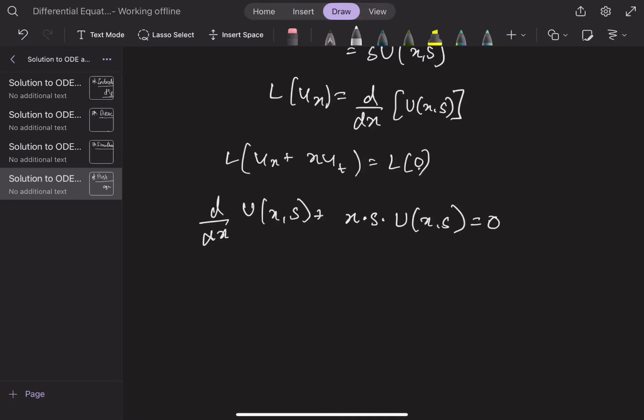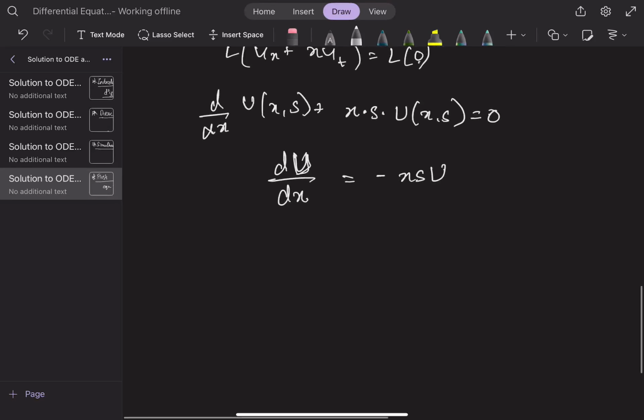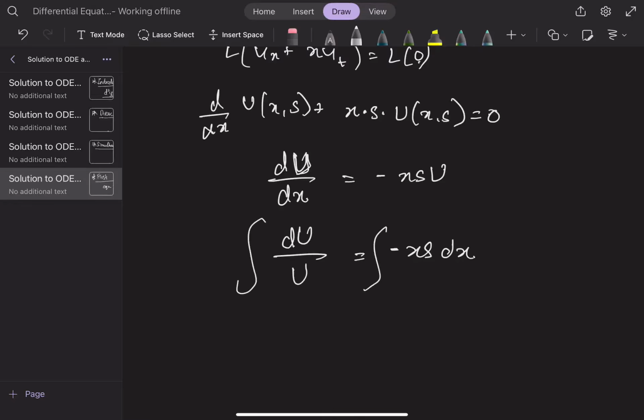We have dU by dx is equal to minus x s U. I have written U of x,s as simply capital U. If I rearrange this, I can write dU by U is equal to minus xs dx. Now let's take integral on both sides.